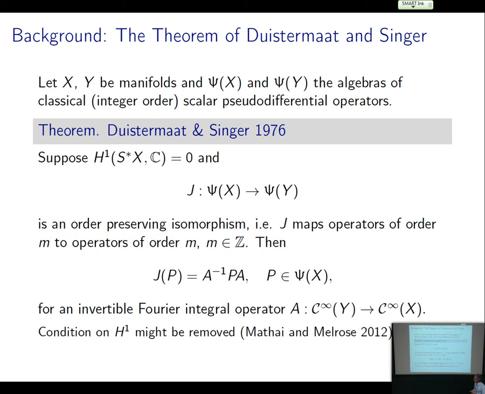They have a little topological condition, namely that the first cohomology class of S star x is 0. And then they consider an isomorphism which preserves the order. It maps pseudo-differential operators to pseudo-differential operators. If one has order m, the image is also order m. Then it turns out there are not so many of those, namely, these isomorphisms are all given by conjugation with an invertible Fourier integral operator.